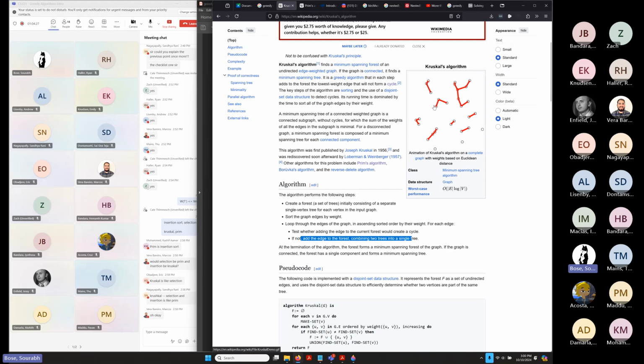We are merging different sets together. If it creates a cycle, that is, you are adding an edge between the same set, that is the starting node and the ending node belong to the same set, like for this one, right? That is how we detect cyclicity. So we are going to maintain multiple sets, and if the edge that we are considering is between two vertices in the same set, then it creates a cycle. So we are going to skip that edge.